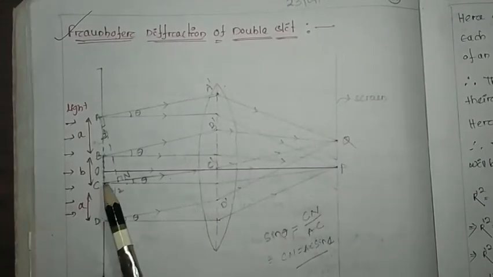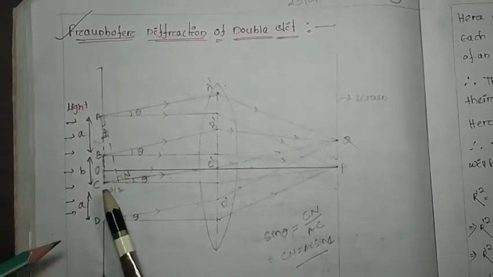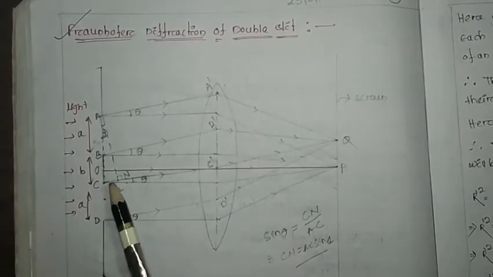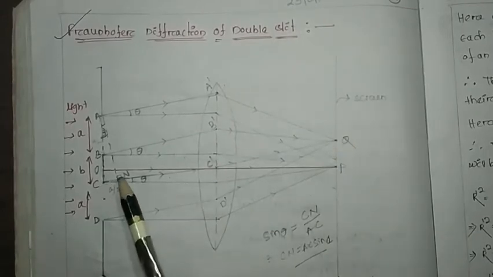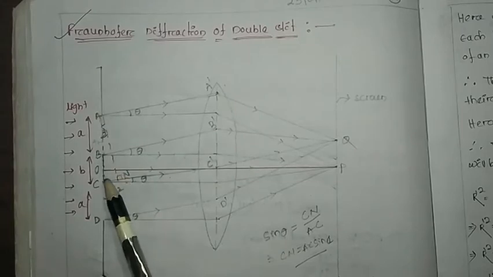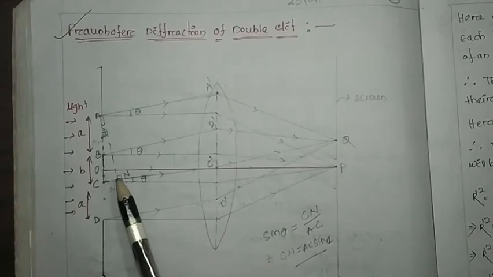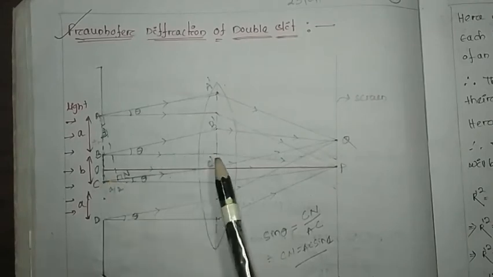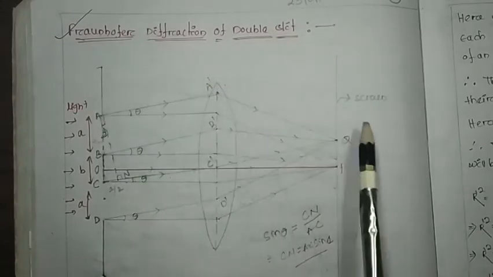From C it will be C dash Q. The extra path the ray C dash Q travels is CN. If we draw a perpendicular on this C dash Q, we find this is the extra path travelled by the ray C dash Q as compared with the ray A dash Q.